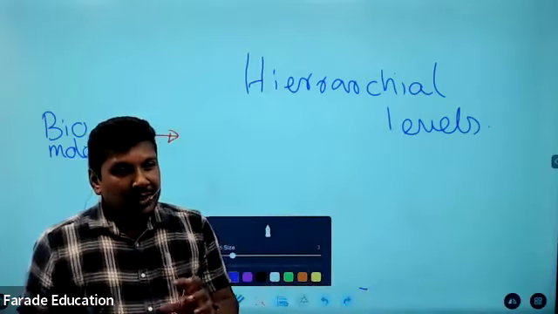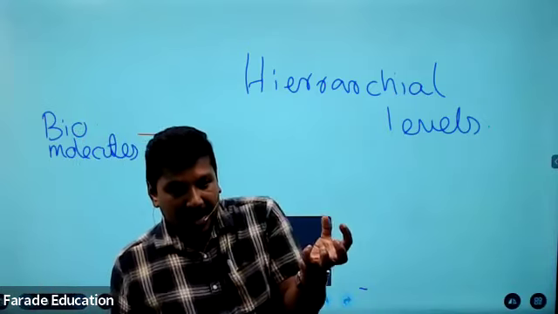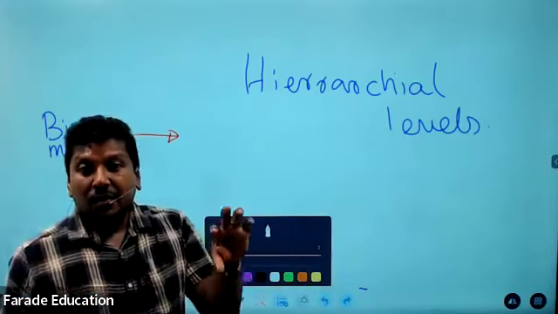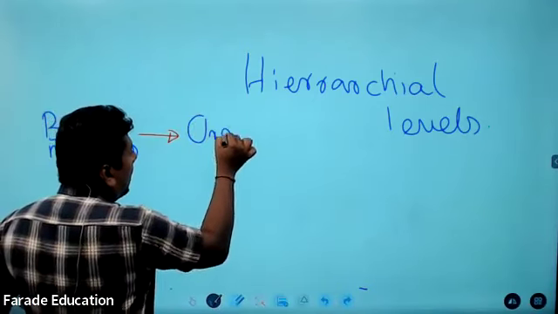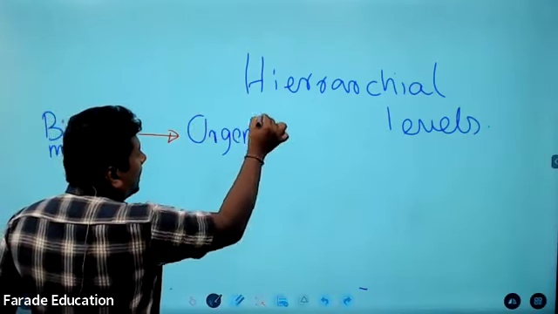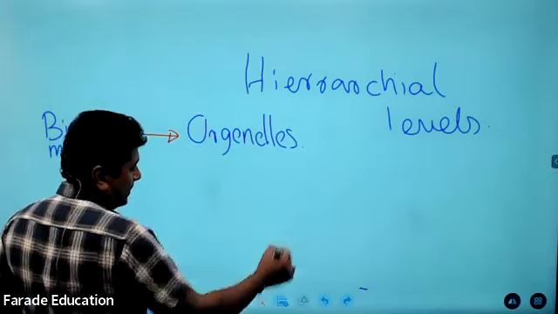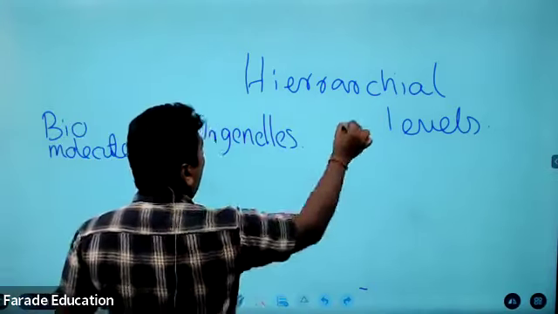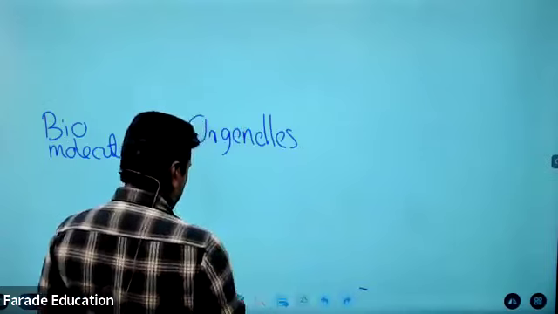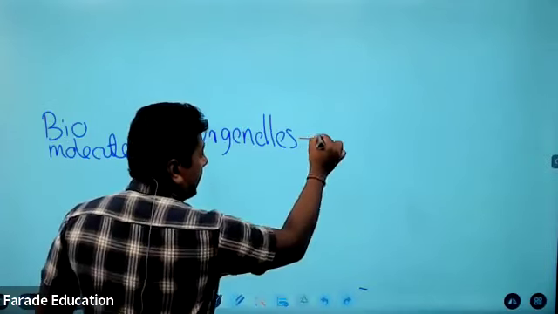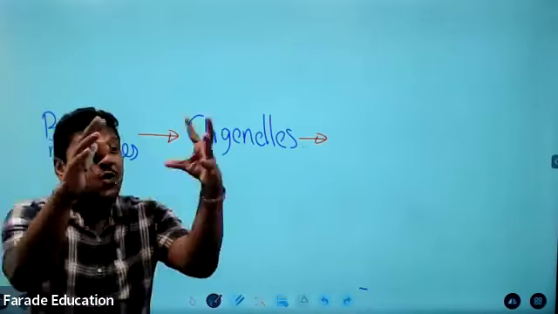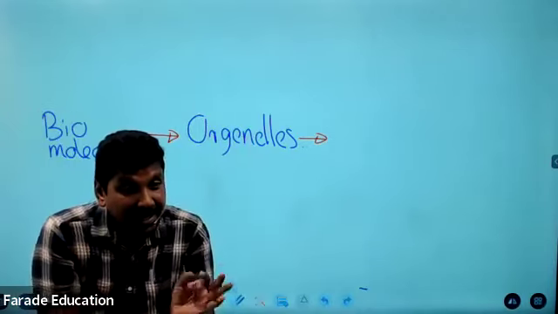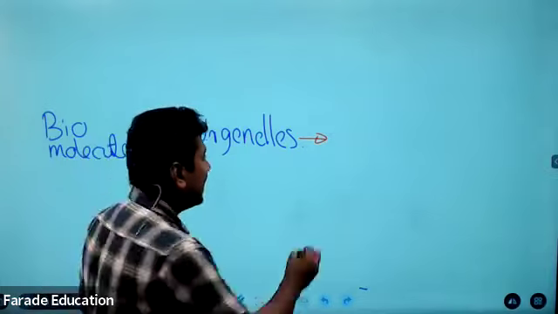So these organelles are made from the biomolecules. So the next level is the organelles. All these subcellular organelles organize and make a nice cell.